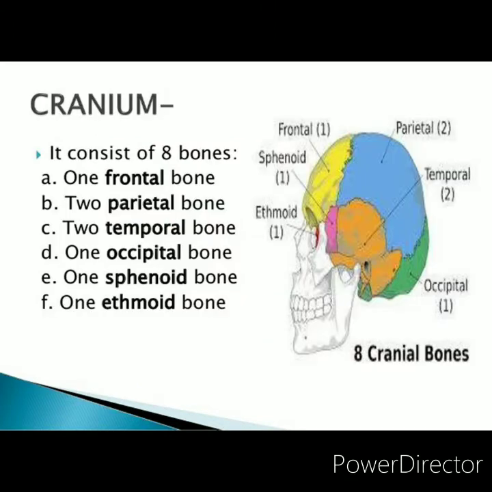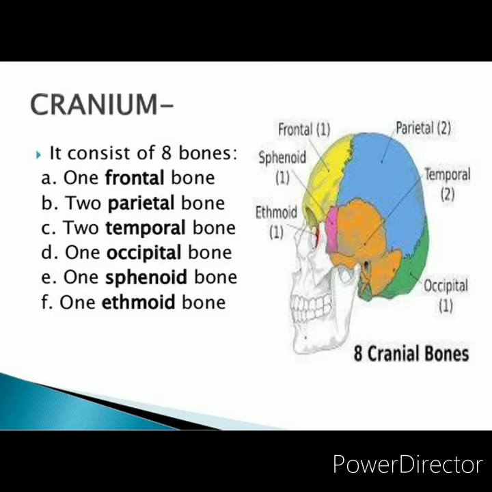Okay, first is cranium. You have seen the pictures on the right side, right? On the left side I have given the names of the bones. Try to correlate the pictures with the names of the bones. The cranium, as I have already told, is the outermost part of our brain, known as the skull or the cranium.